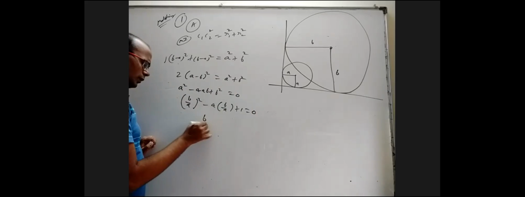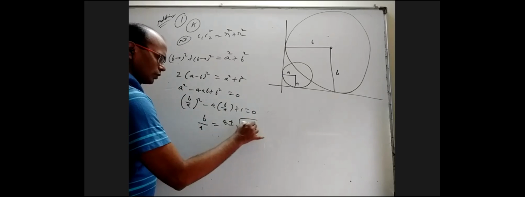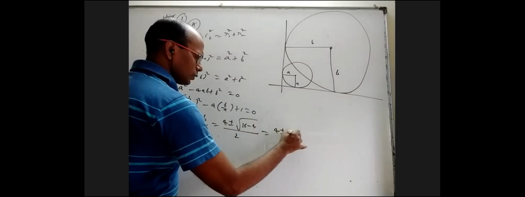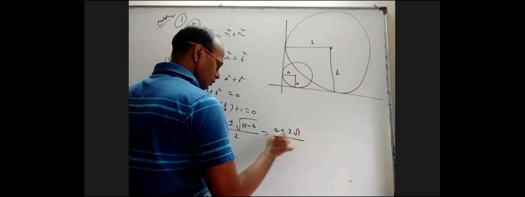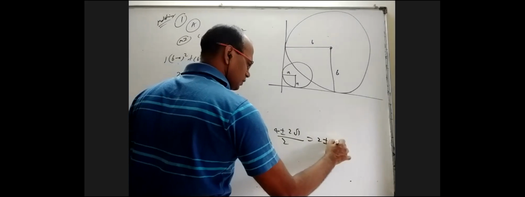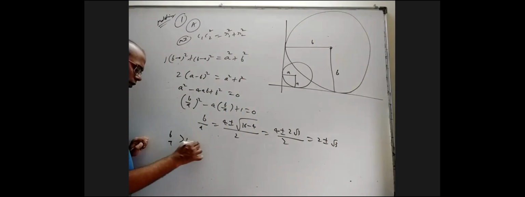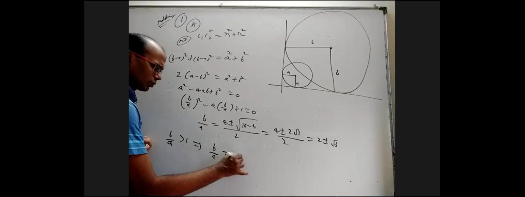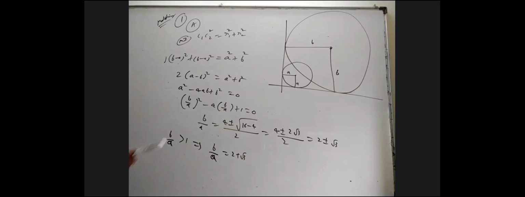Quadratic equation. 4 plus or minus root of 16 minus 4, by 2. 4 plus or minus 12 is 2 root 3, by 2. 2 plus or minus root 3. Again, B by A is greater than 1 implies B by A should be 2 plus root 3.